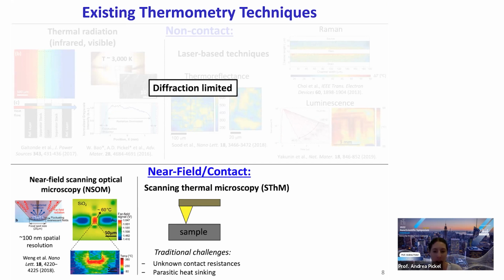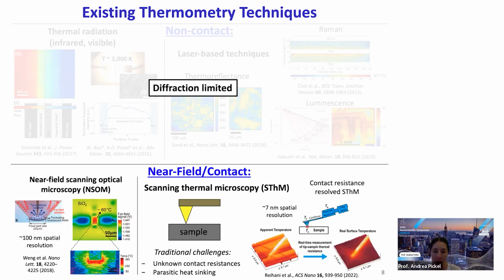And historically, these techniques have been subject to challenges involving unknown thermal contact resistances between the probe tip and sample, and parasitic heat sinking by the probe, which can make it difficult to accurately extract the true sample temperature. That said, in recent years, there have been some exciting advances in terms of overcoming these challenges.